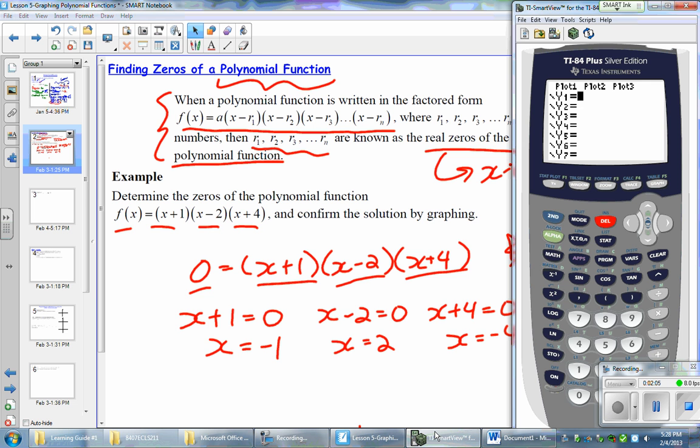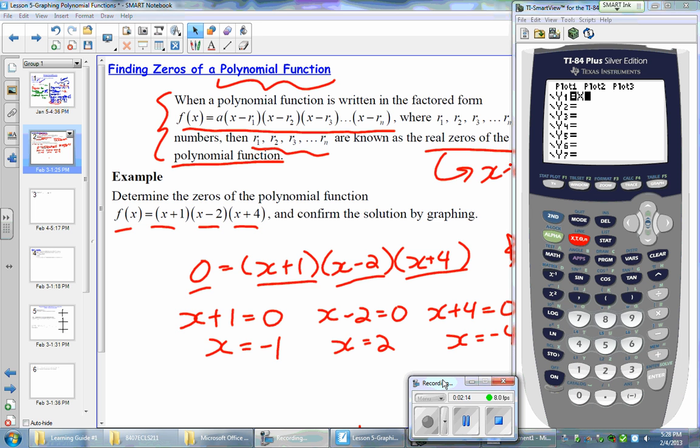So if I pop up my calculator here, I'm going to graph in the original function. So plug in x plus, don't forget your brackets, x plus 1 times x minus 2, and finally x plus 4.